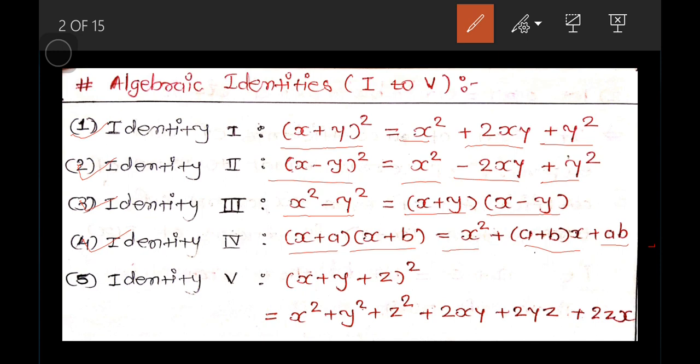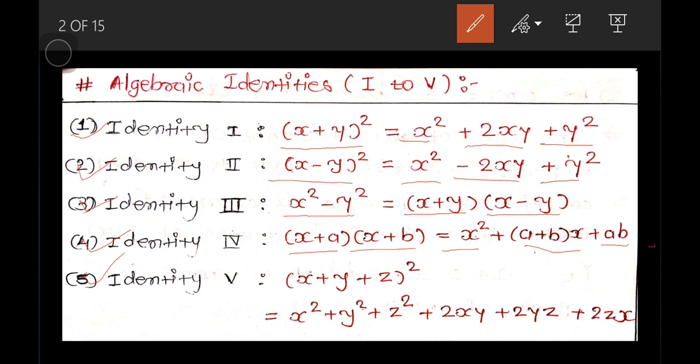And the fifth one is given as x plus y plus z all square is equal to x square plus y square plus z square plus 2xy plus 2yz plus 2zx.